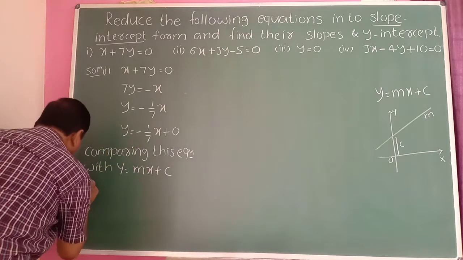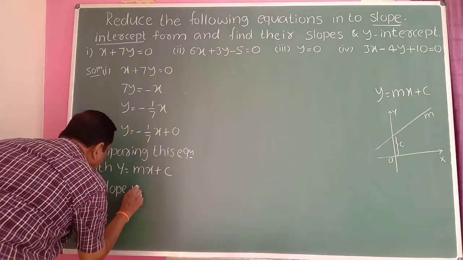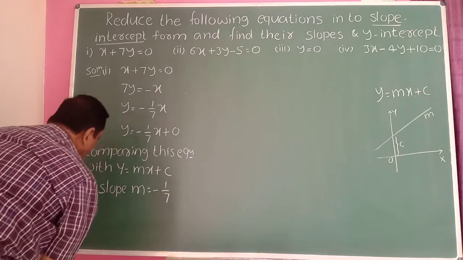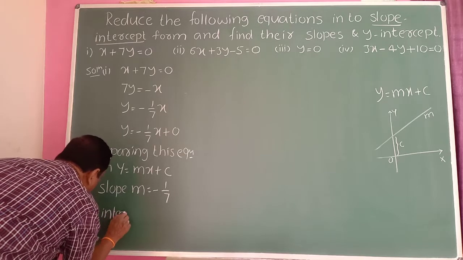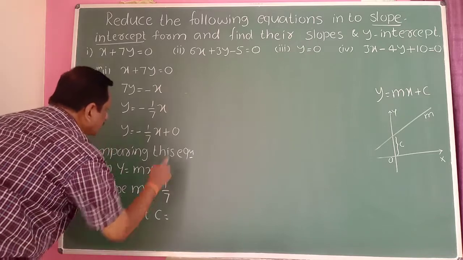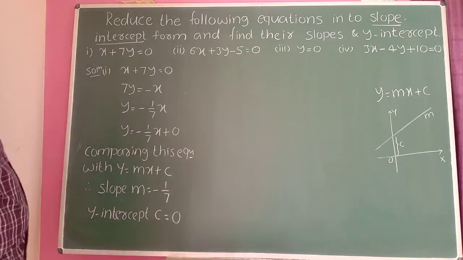Therefore slope m is equal to minus 1 by 7 and y-intercept c is equal to 0. In this first example, c is equal to 0.